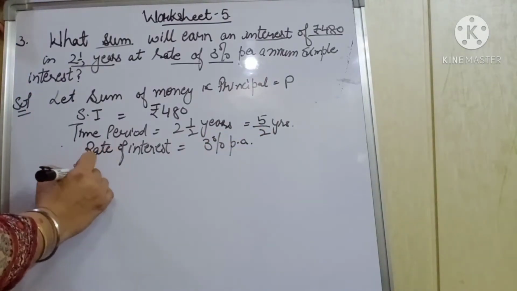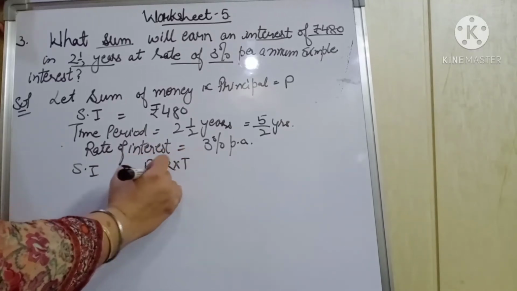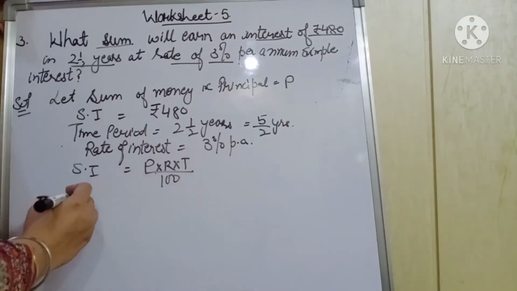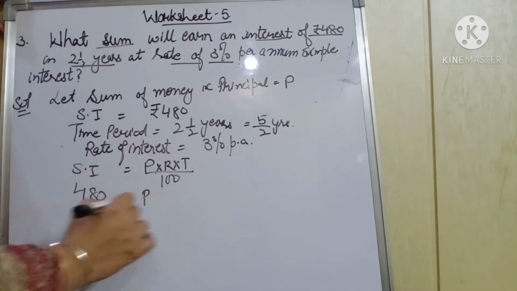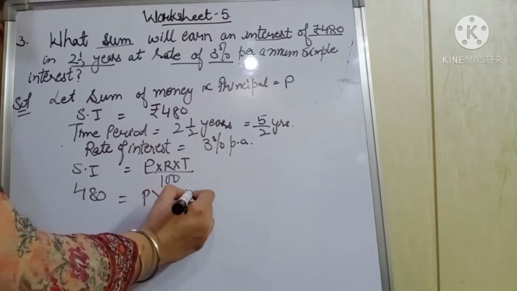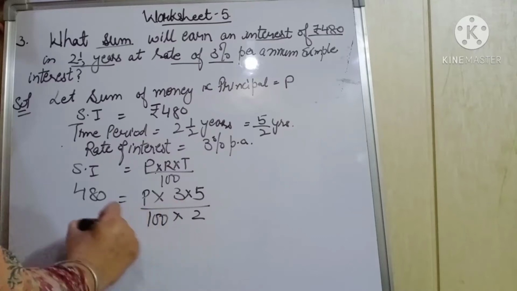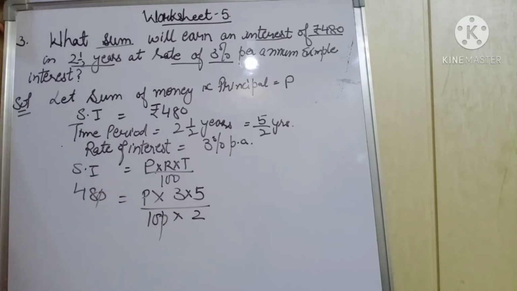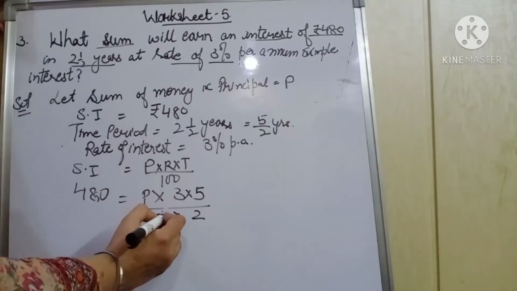Now we know the formula for the simple interest, P into R into T by 100. Simple interest 480. Principal we have taken as P. Rate of interest 3%. Time period 5 by 2, into 100. First of all you just transpose and then you solve it.